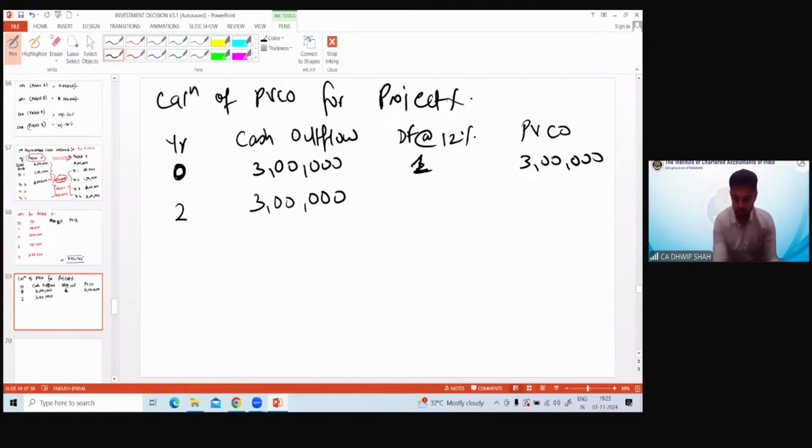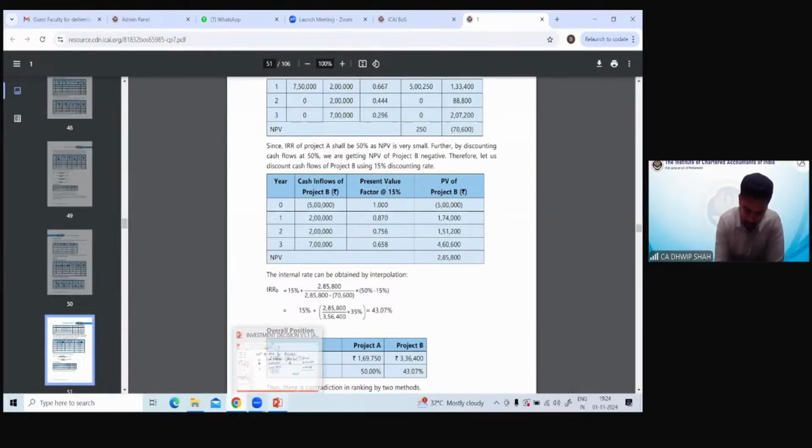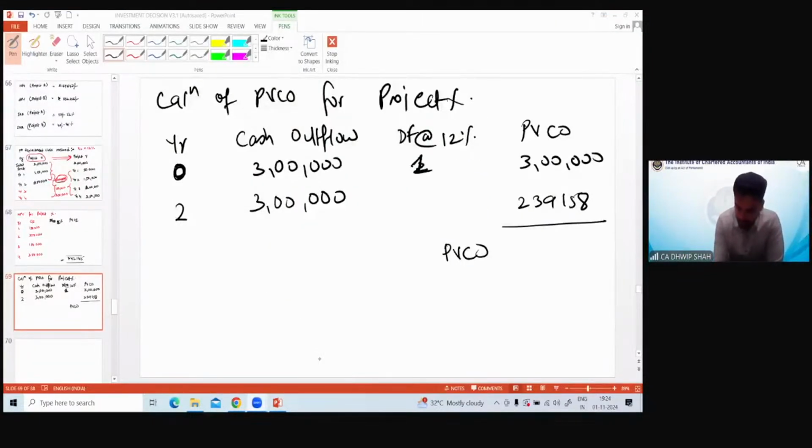How much does it come to? How much did you get for my total PVCO? Yes, 239,158. So this is 239,158. So my PVCO comes to 539,158.